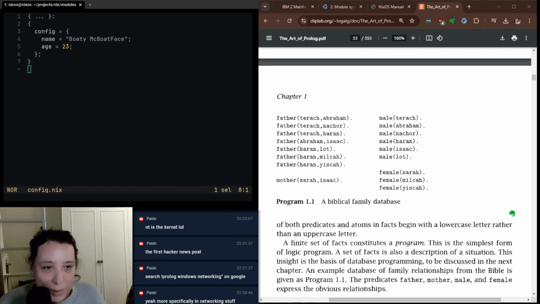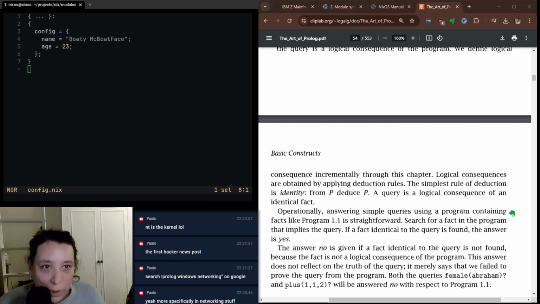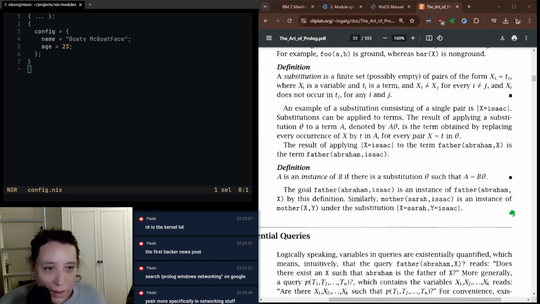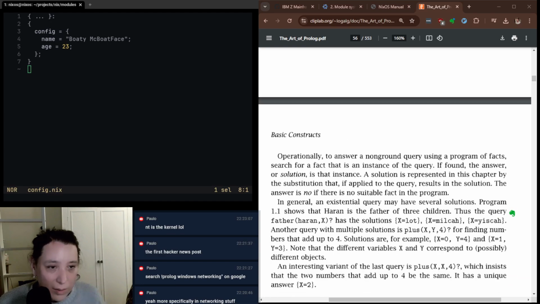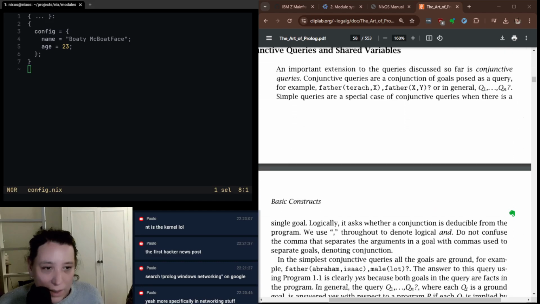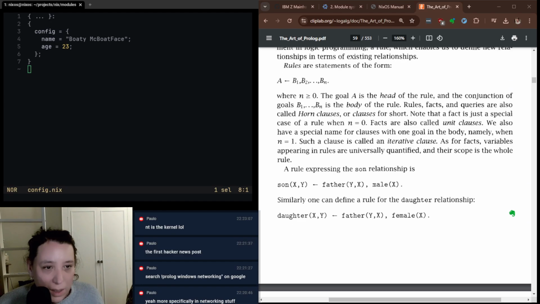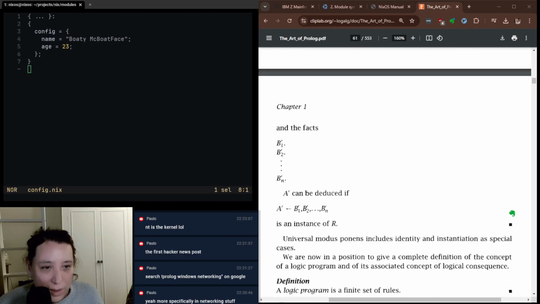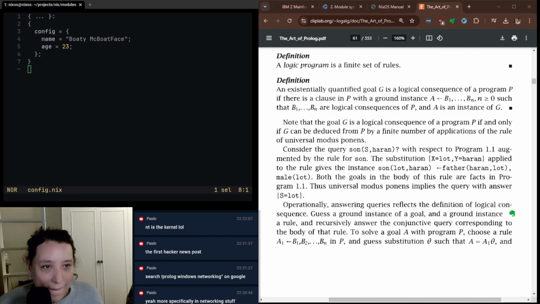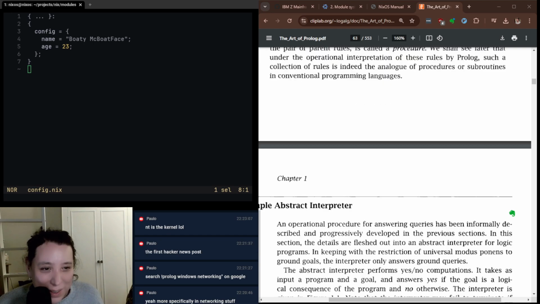When are we going to type stuff? Hold on a second. What page is that? 54? Because if we're not going to type anything, I might as well just make this full screen. When do we type?